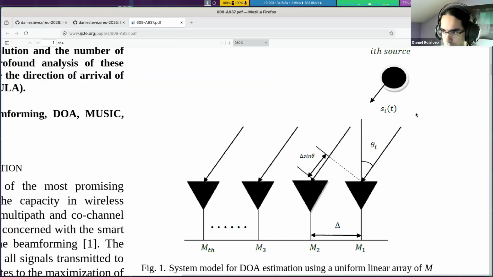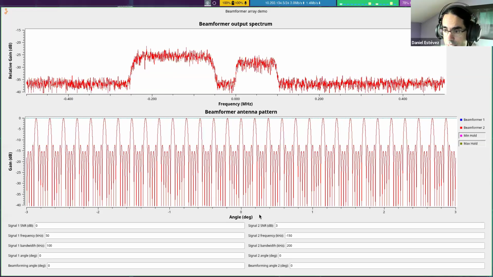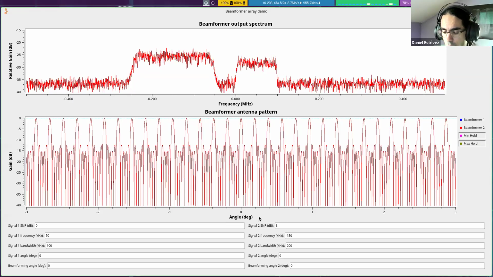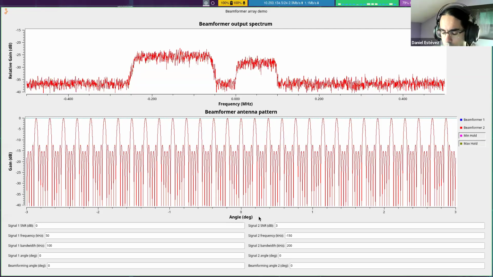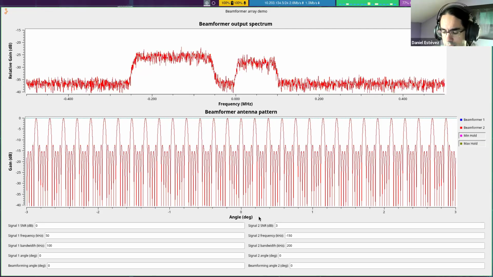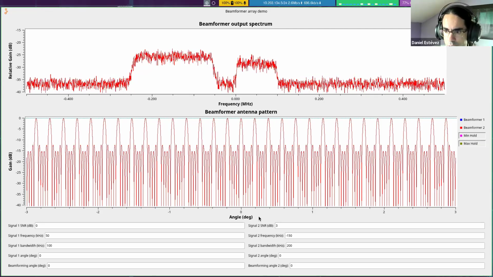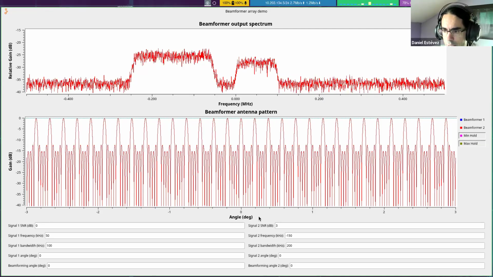You can see that if this object is moving over here, then the angle will change, and then these distances will keep changing. That means essentially that over time, I'm using different baselines. So over time, as I observe the source, these grating lobes will not coincide, and I will get more measurements, which are useful for my imaging.